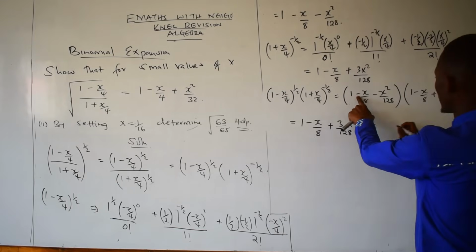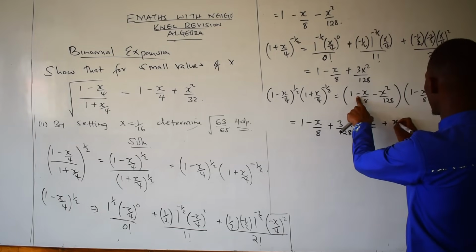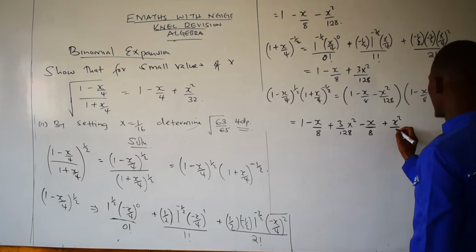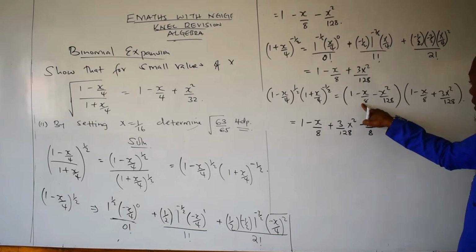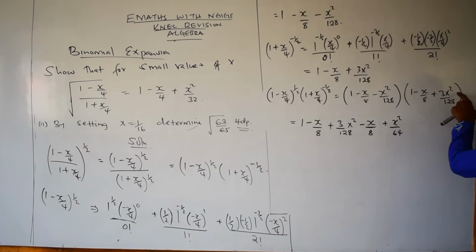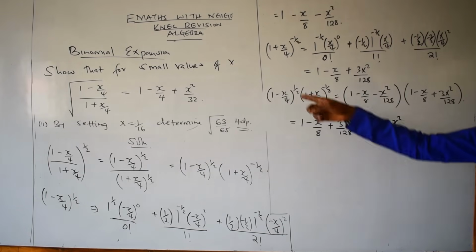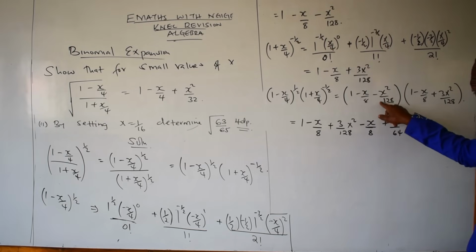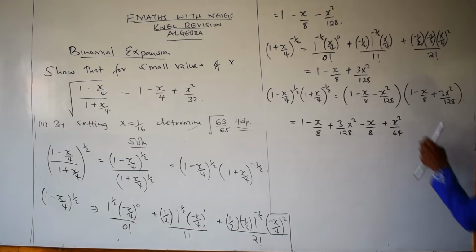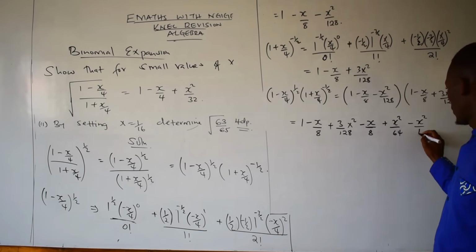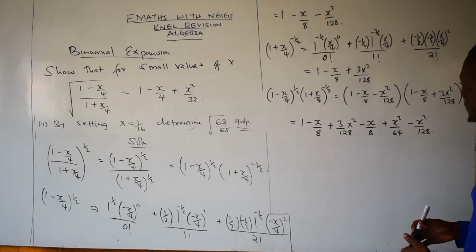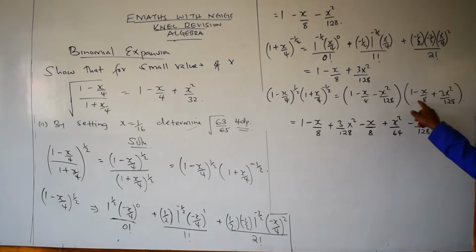Then negative and a negative gives you positive x squared, then 8 times 8 gives you 64. Then you have negative x over 8 times this will give you cubed. So we are not interested in the cubed terms, we are only interested in the square. Then we come to the last term. This term opens up this. So we have negative of x squared over 128 times 1 gives you negative x squared over 128. Multiplying with the rest will give cubed, then to power 4.